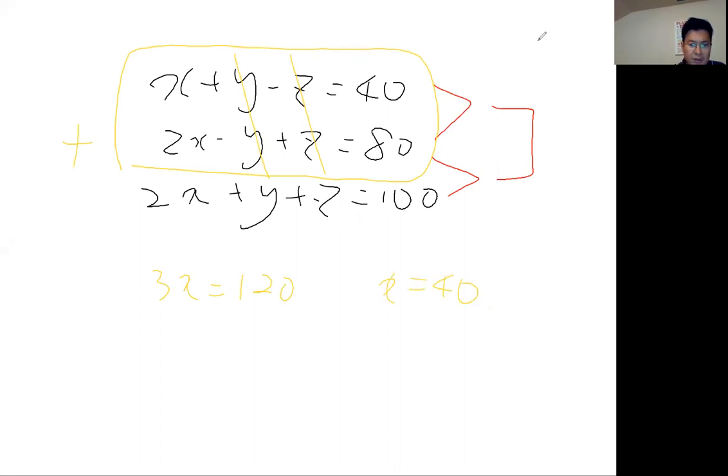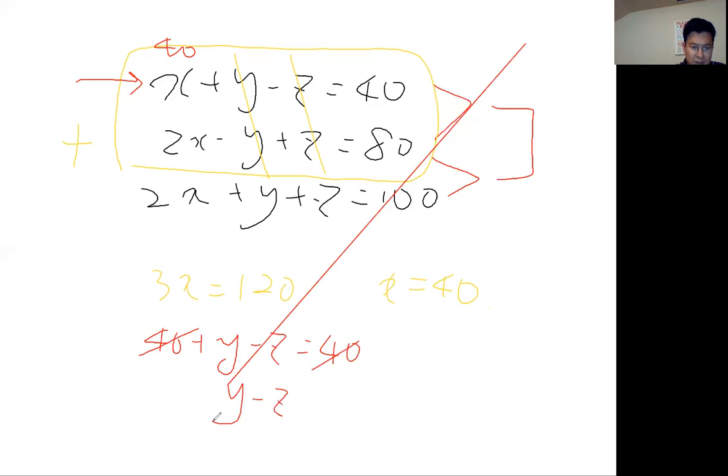After you get x equals 40, if you put that into here, you're going to get 40 plus y minus z equals 40. These two go away, so y minus z equals 0. That means y equals z.